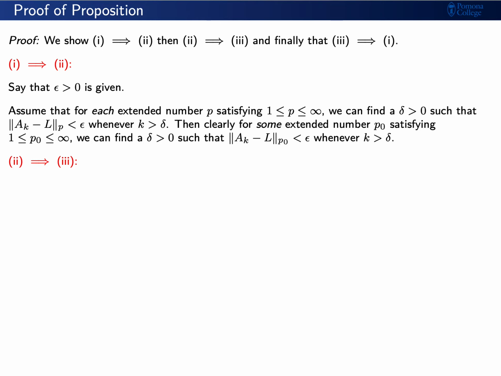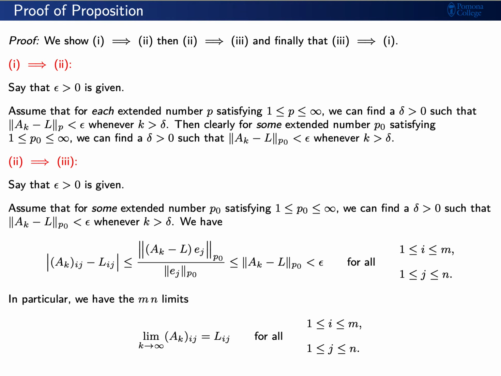Next, let's show that the second implies the third. Again, say that a positive epsilon is given. We're going to assume that for some positive extended number p0, we can find a positive delta such that the p0 norm of A_k minus L is less than epsilon whenever k is greater than delta. In particular, let's take a look at the ij entry of our matrix.